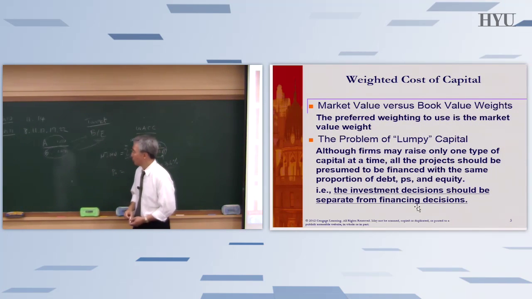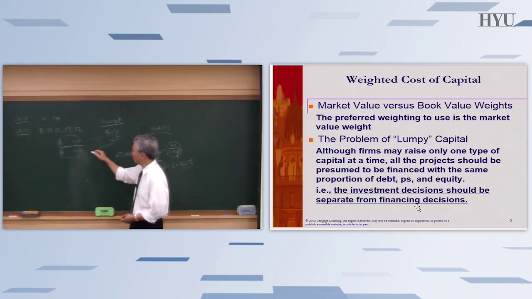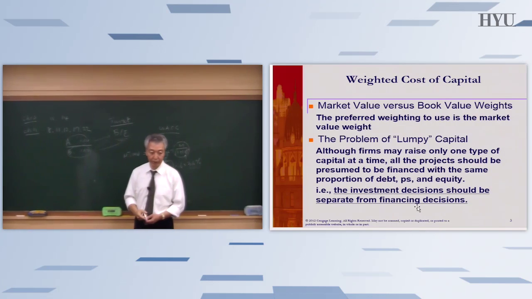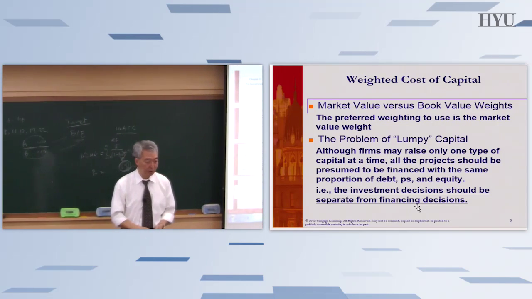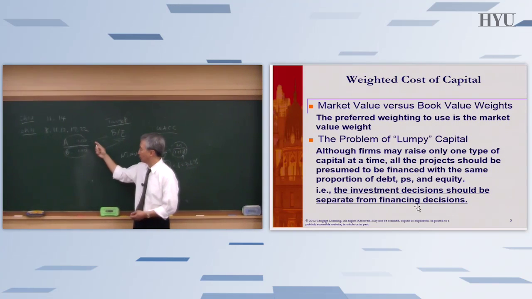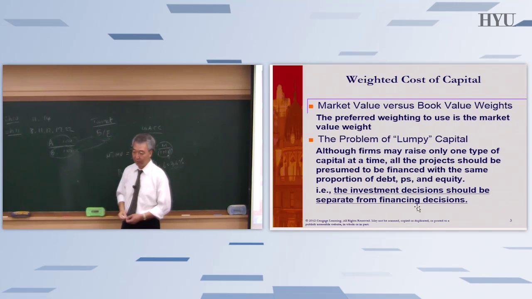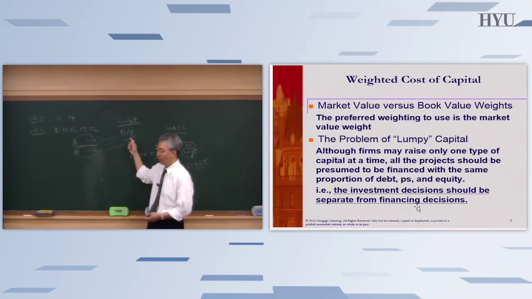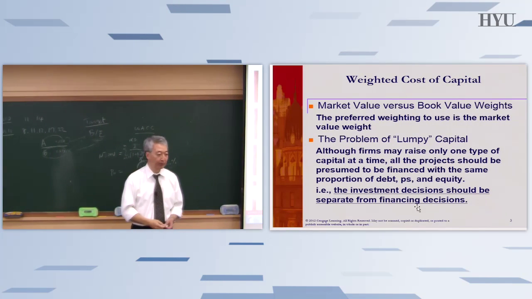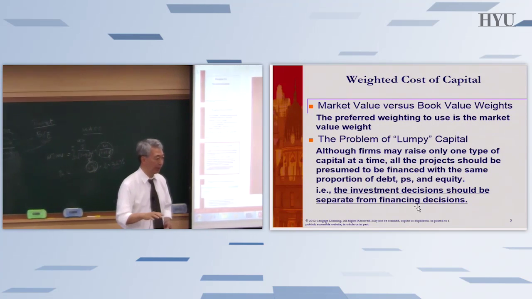So even though these two projects are identical, requiring the same amount of money, the same return, and the same level of risk, if you use this kind of approach, you may end up accepting this project and rejecting that project because the cost of equity is much higher than the cost of debt, which doesn't make sense in the overall picture.